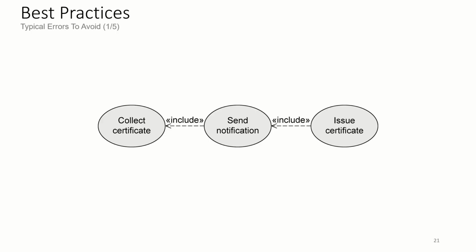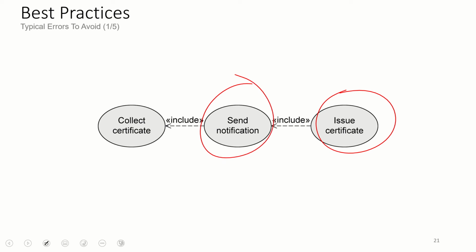So first look at this one. This is an example. I saw some people drawing the use case diagram like this. From this example, you can see we have an issue certificate. Once you have an issue certificate, you have an essential part, which is send notification.